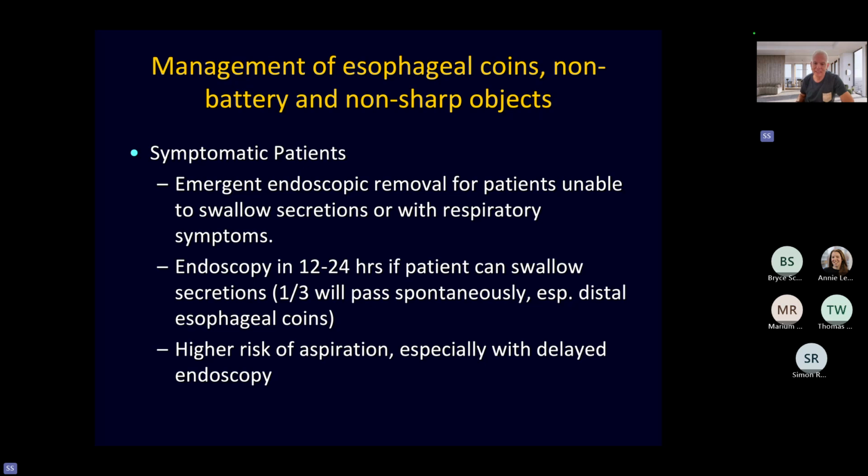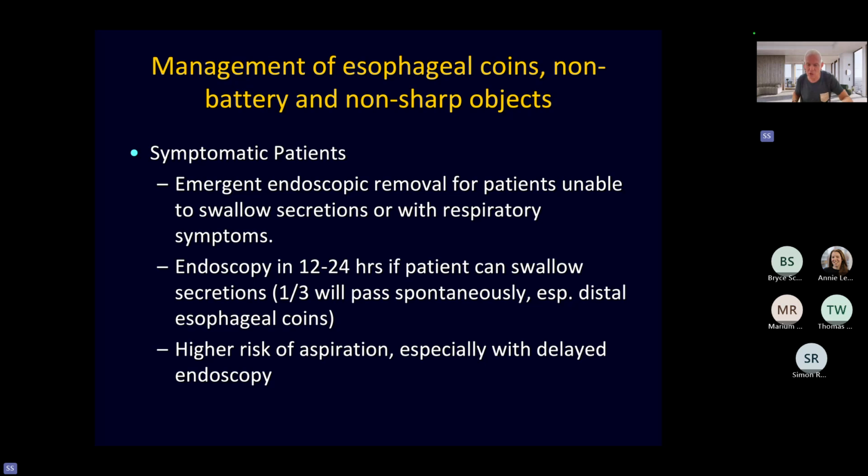So this is typical for the foreign body that's in the mid-esophagus. Very rarely, I've never seen a child who had an upper esophageal sphincter lodged object that we didn't have to take it out right away.